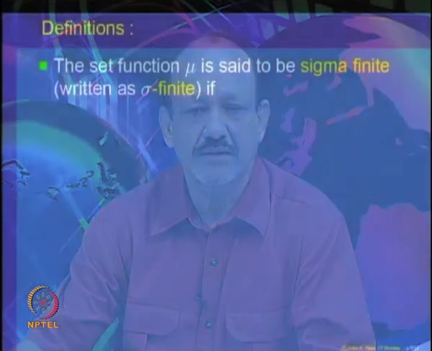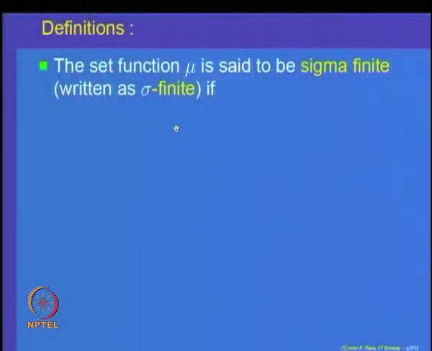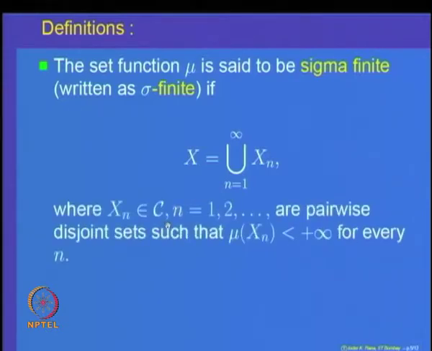Let us take a set function mu and we will say that it is sigma finite. So, we defined what is totally finite and now we define what is called sigma finite. So, mu is said to be sigma finite if we can write the whole space as a union of sets X n, n from 1 to infinity, such that these sets are pairwise disjoint and mu of each X n is finite.